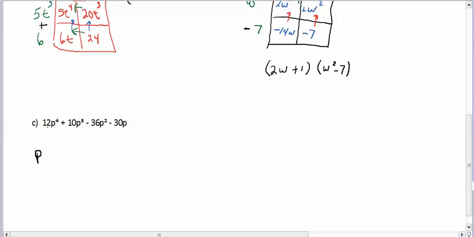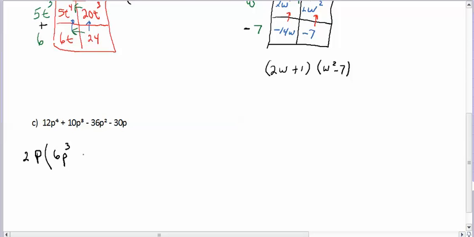They're all even, so they all have at least a 2. So we're going to take the 2 out. Then I'm going to put 6p to the third power, because 2 times 6 is 12, 3 plus 1 more is p to the fourth.